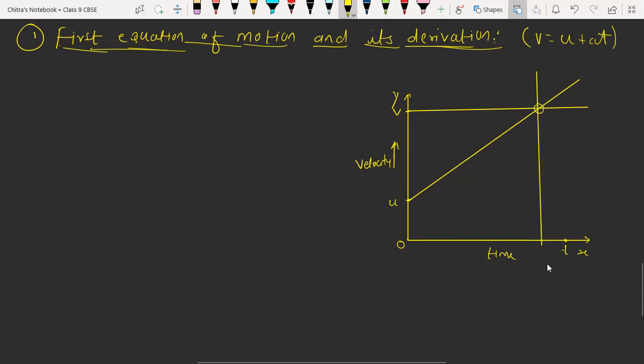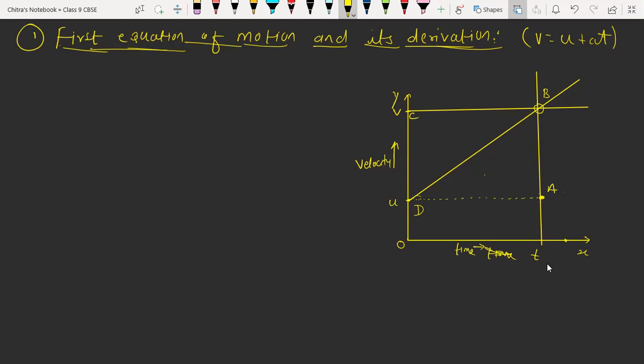Suppose this is the point D, and this is the initial velocity, which I'm naming A. Here I am naming B, and here C, because we require that triangle. Let me write time in between here.